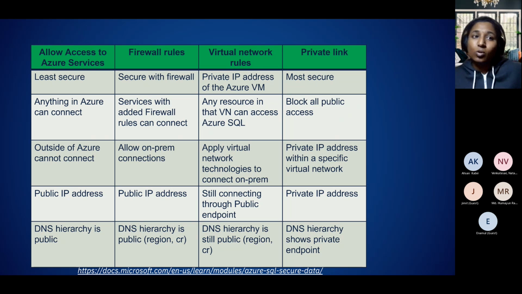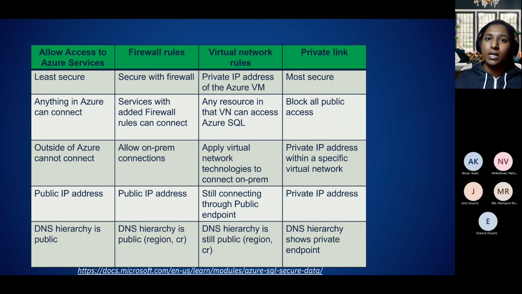So if it is the least secure, why did they create it? These were created for development and lower environments where you want to create your environments quickly and start using them very quickly. Sometimes we build the servers, use them, and then drop them.